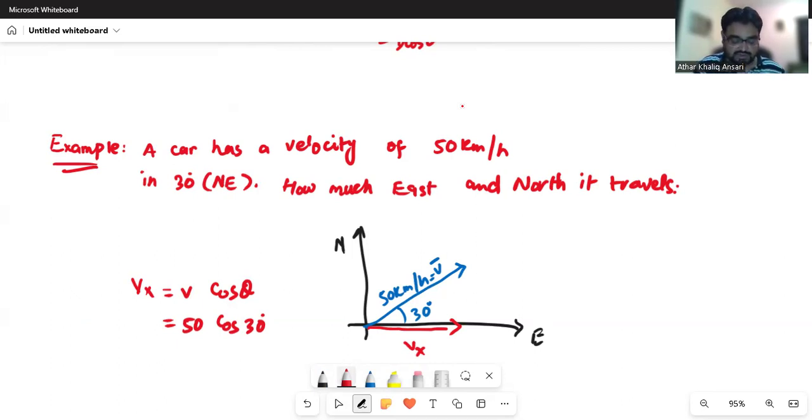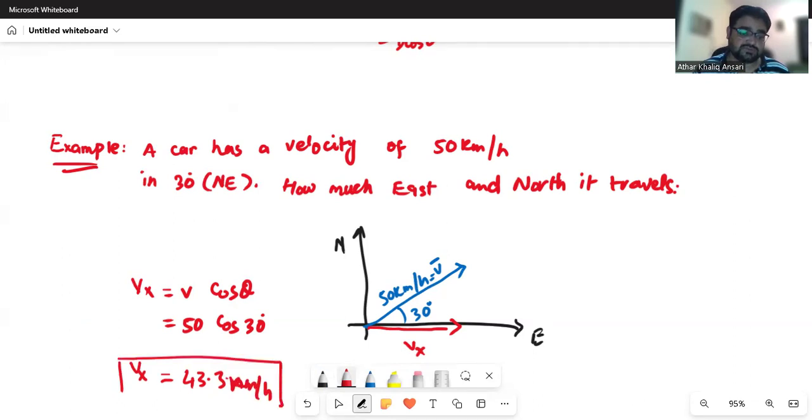I wrote 50 times cosine 30. The answer I got is 25 root 3, and in decimal this is 43.3. So eastward, sorry, kilometer per hour is the velocity. So eastward velocity is this one.